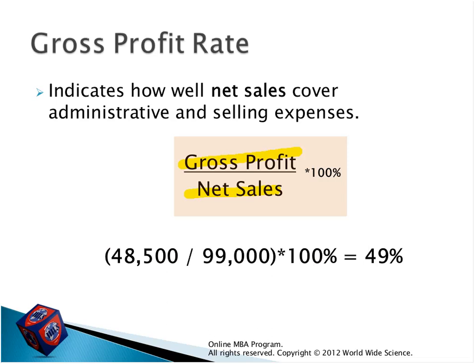Here gross profit is equal to 48,500 and the net sales is 99,000. And we have got the result 49%. That means our sales that we are receiving, the revenue, they cover administrative and selling expenses by 49%.